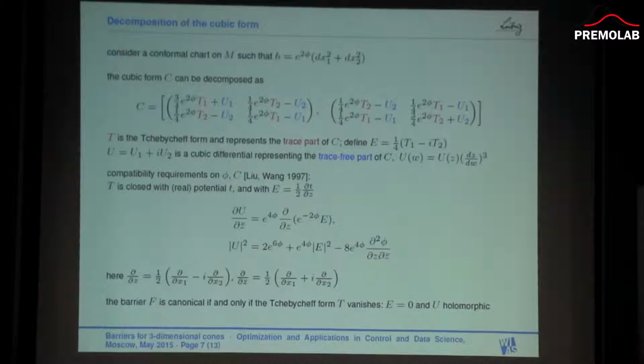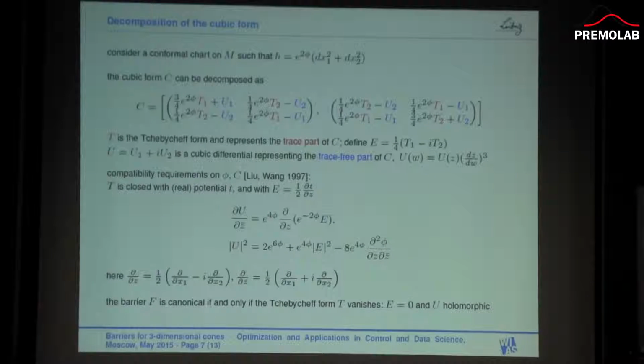And now we come to the cubic form. So the cubic form is a symmetric 3-tensor, and in 2 dimensions it has 4 components. So here I've written, actually it has 8 components, but 4 of these are linearly independent. If you have Euclidean space and you have a quadratic form and you consider orthogonal transformations, then this quadratic form can be split into a trace part, which is proportional to the identity matrix, and a trace-free part.